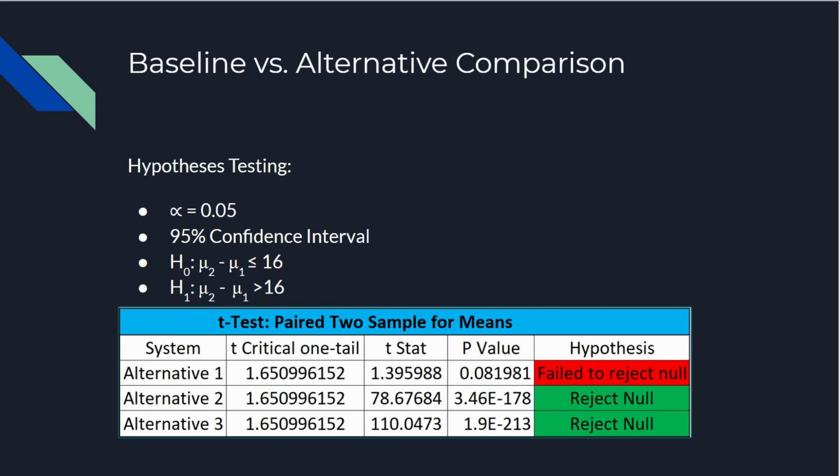Alternative 1 failed to reject the null hypothesis because there was no statistical difference between the alternative and the baseline system, because they are essentially still the same system. Alternatives 2 and 3 both reject the null hypothesis and seem to be the better of the three systems. Now Willie will talk about the economic analysis.